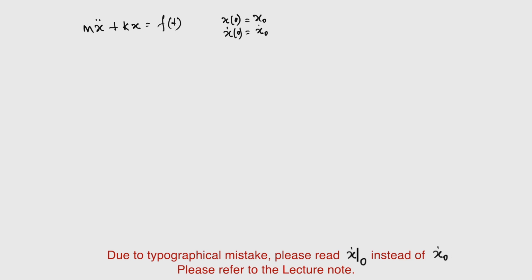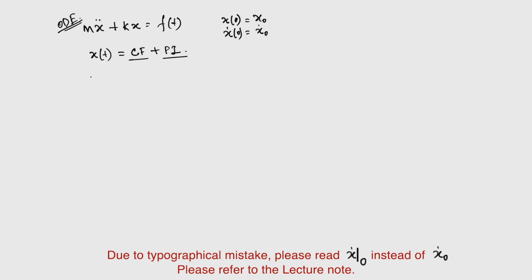Now, we have a forcing function. The moment we have a forcing function in this ODE, we know how to solve it. So, x of t, the total solution, will be the sum of the complementary function plus the particular integral. How do you get the solution corresponding to the complementary function and particular integral?